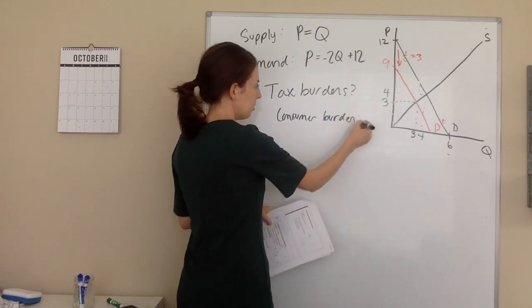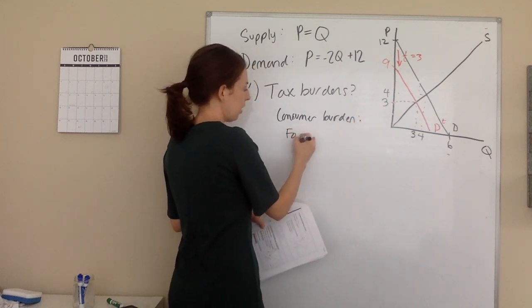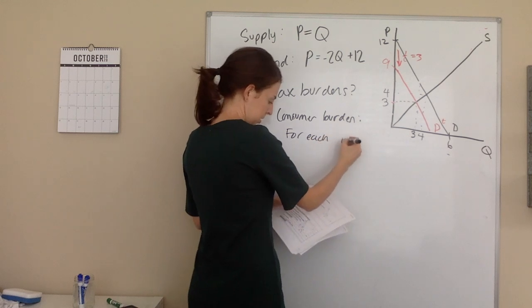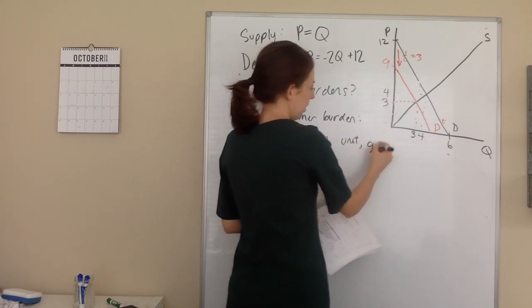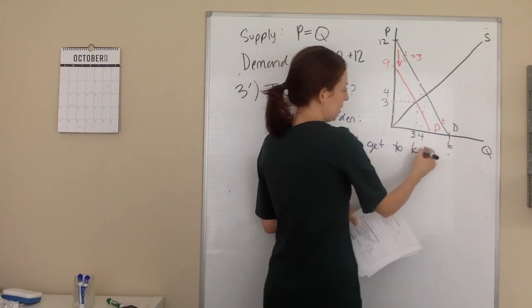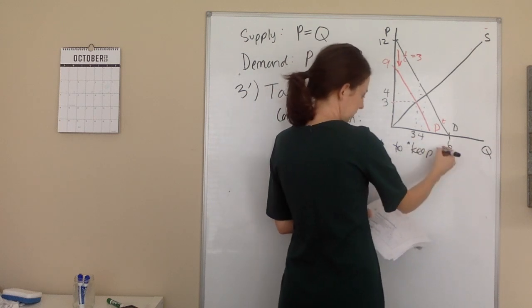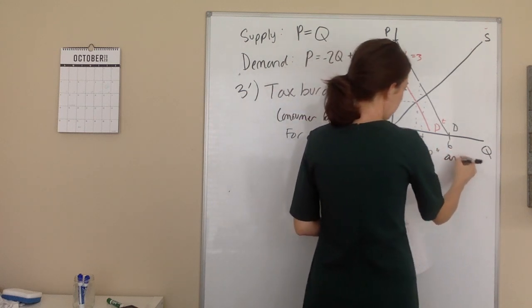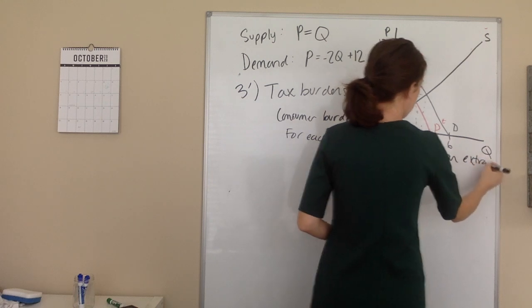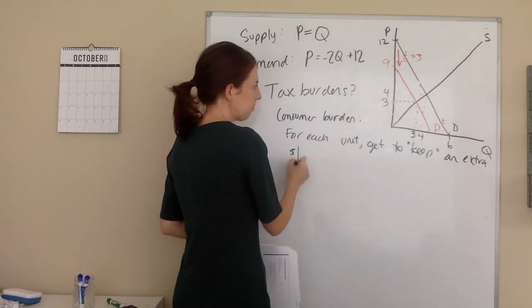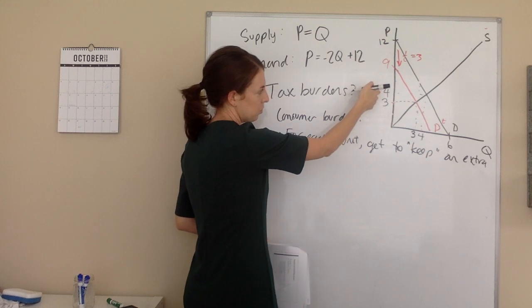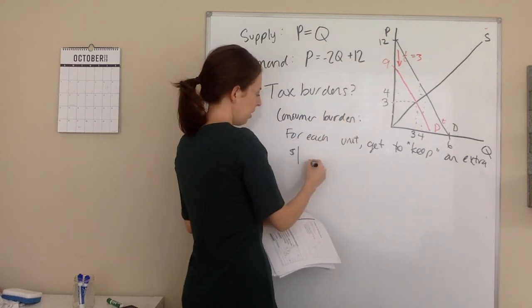So for consumer burden, we have to take into account that for each unit, they get to keep, put quotes around this, keep an extra $1. This is because the equilibrium price moves from 4 to 3.